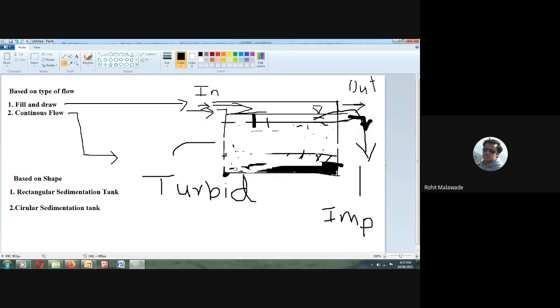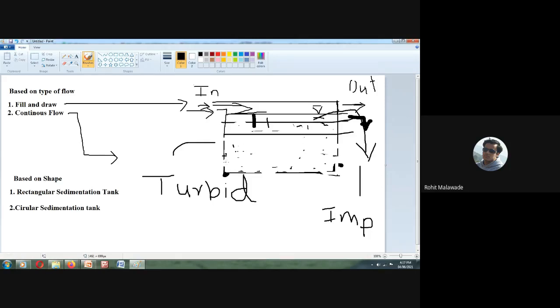Then the fresh water will be inserted into this particular tank. Then again the turbidity, the particles will settle down, and again, at the end, after settling, you are going to get the clear water.